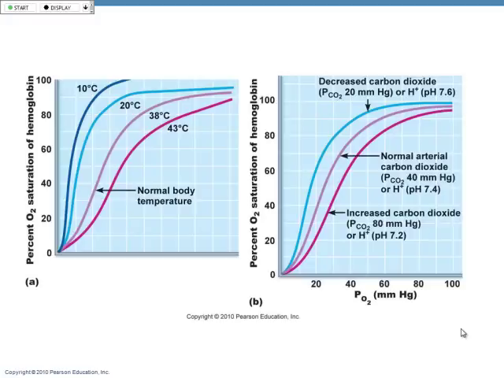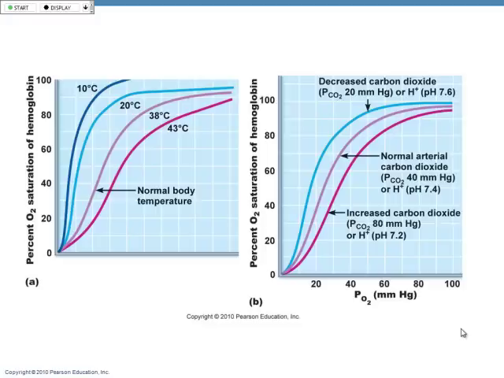It's going to become too basic. What's going to happen to your oxygen? It's not going to let go when it's supposed to. So when you hyperventilate, you get rid of too much carbon dioxide and cause the pH to become more basic. Anybody ever hear of alkalosis? That's one of the reasons why you might go into respiratory alkalosis, if you hyperventilate.